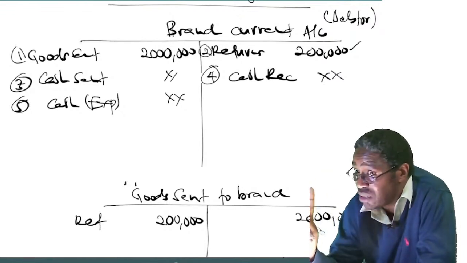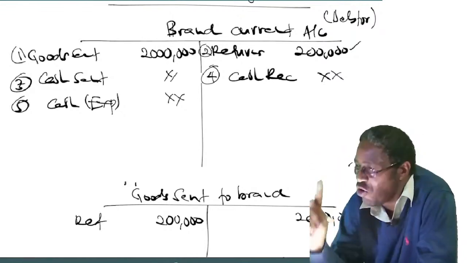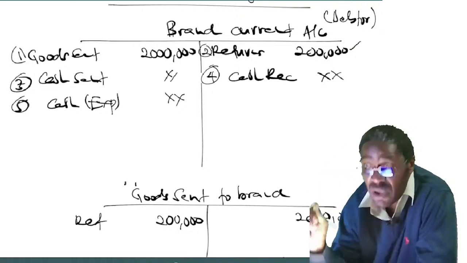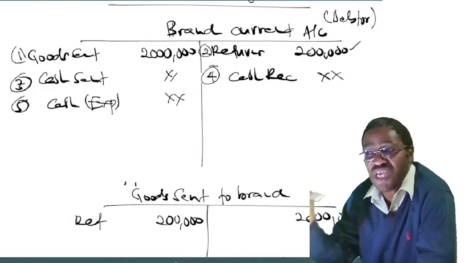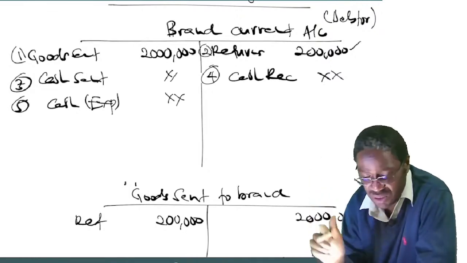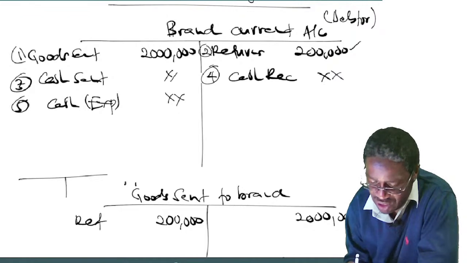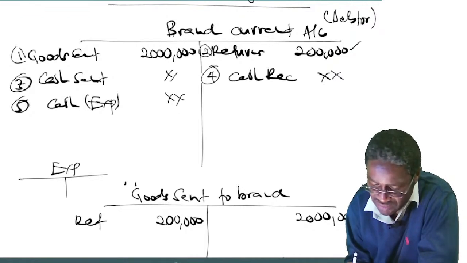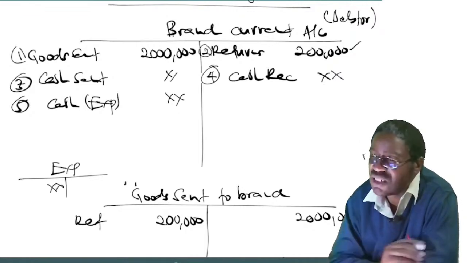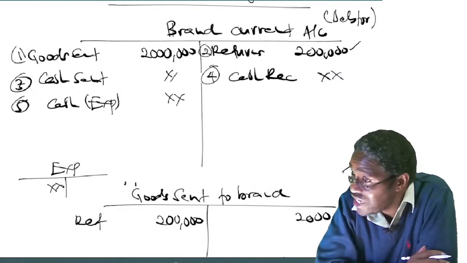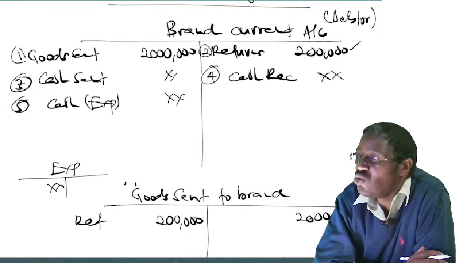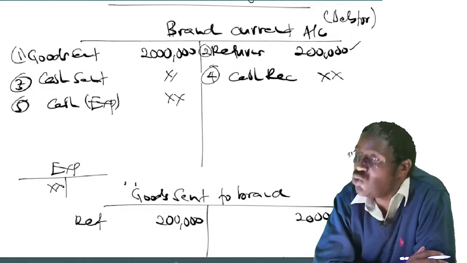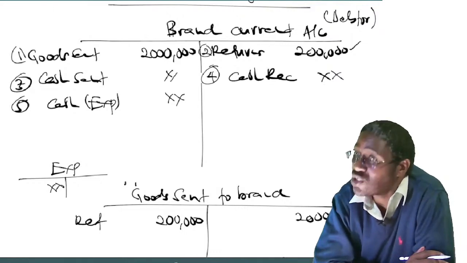We have said, number 6, with head office expenses paid for by the branch on behalf of the head office. So you as a head office, you are now the one to recognize that expense. You debit. At the same time, listen now, at the same time, you as a head office, you need to reduce what the branch owes you. You need to reduce what the branch owes you.